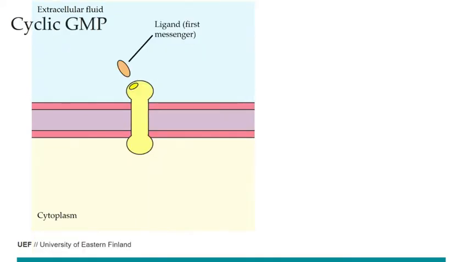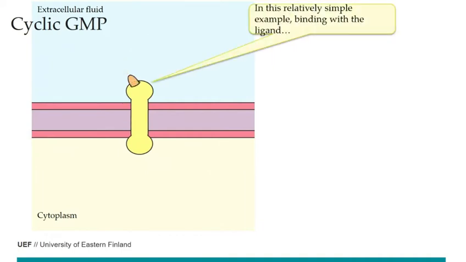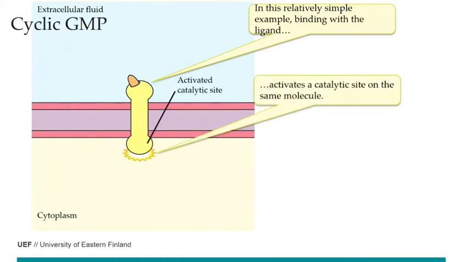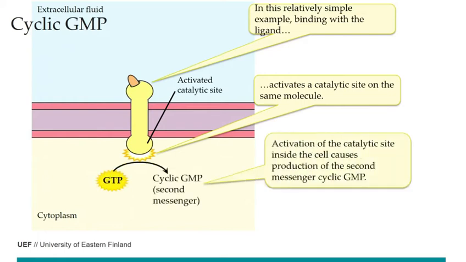Then we have cyclic GMP that is modulated directly with this receptor. So the ligand is binding and it's activating the catalytic side of the same molecule and then producing cyclic GMP from GTP. But because now it's a little bit limited, it's also limiting the number of cyclic GMP produced, because now it's done in the same molecule.